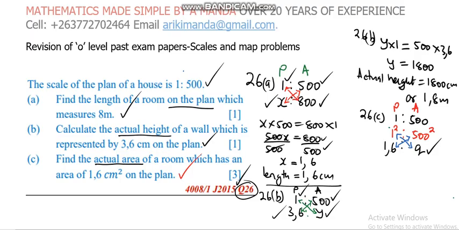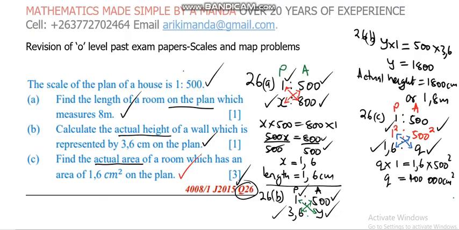Q multiplied by 1 squared is equal to 1.6, which is this one, multiplied by this 500 squared. Let's simplify. Q times 1, we get Q, is equal to 1.6 times 500 squared. If we simplify, we get 400,000 square centimeters.